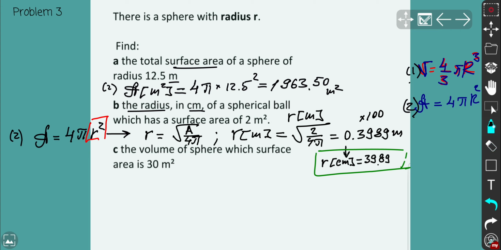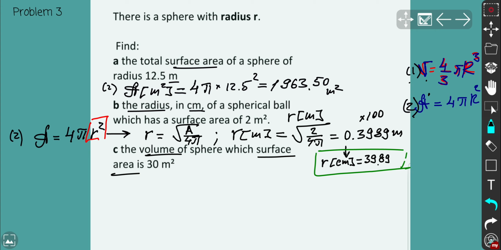And what I'm going to do, I just want to connect the volume with the surface area. So where's the connection point? Definitely this is the radius, because you need to connect V with A, and you're not told a single word about the radius. So that's why the radius, you don't need that.